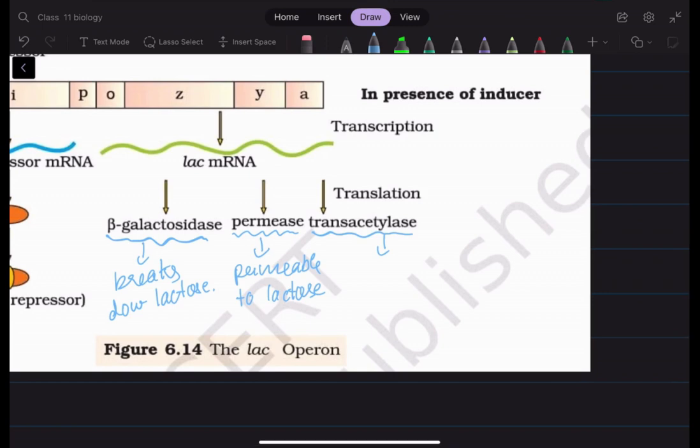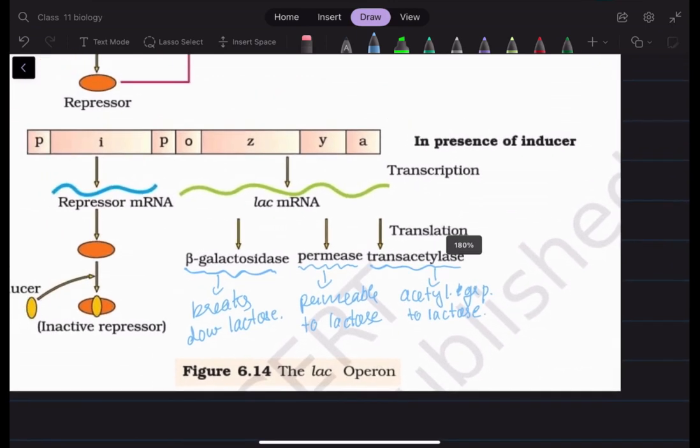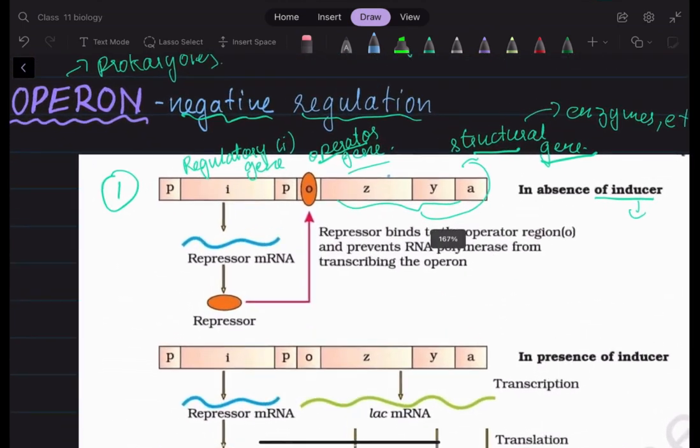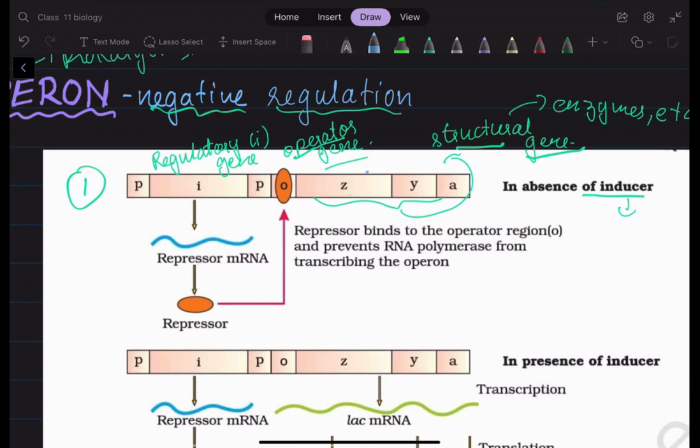So this has the function of attaching a methyl group, not methyl, acetyl group to lactose. This is basically the function of the genes present in the structural gene.